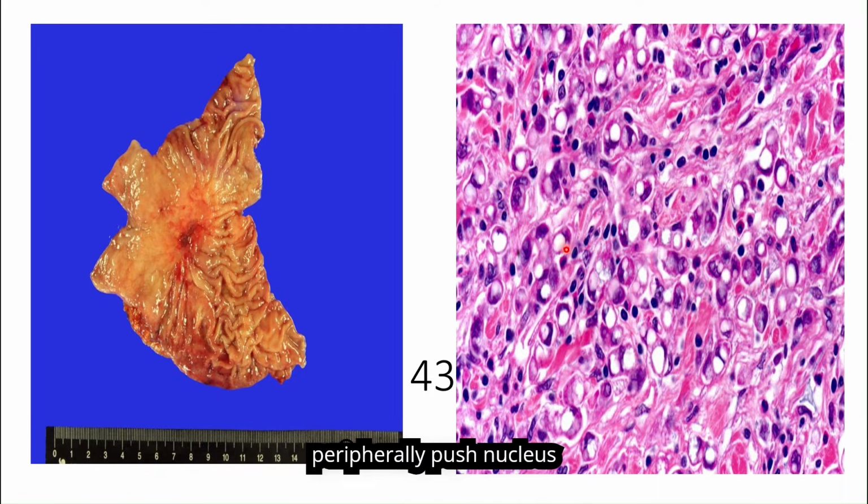So peripherally pushed nucleus with vacuolar change in the cytoplasm and malignant looking nuclei, means pleomorphism, hyperchromasia and varying sizes.